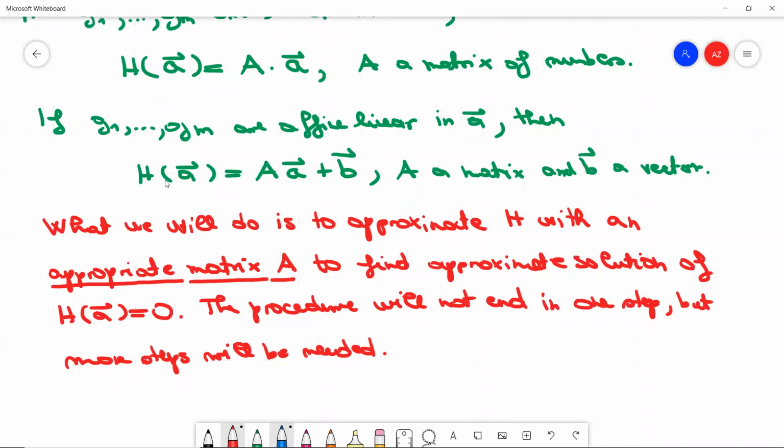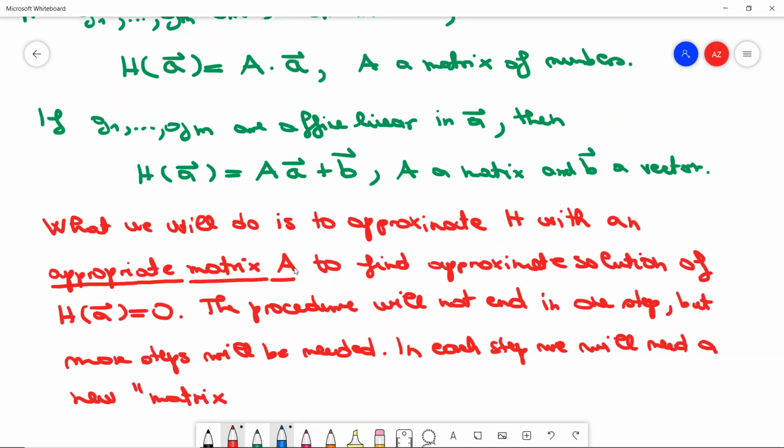And in each step, the matrix A will be different. So in each step, we will need a new matrix A, I will put this in the parentheses.